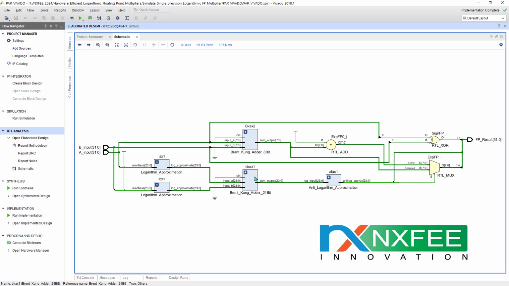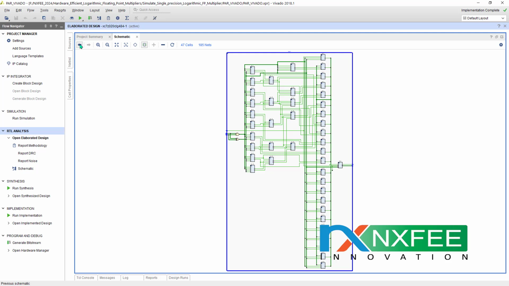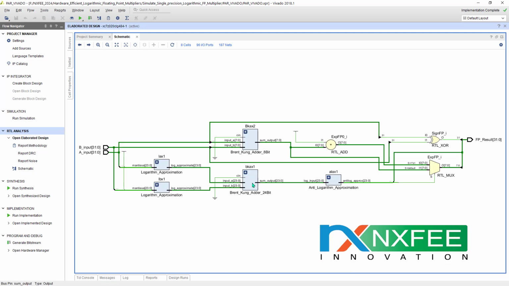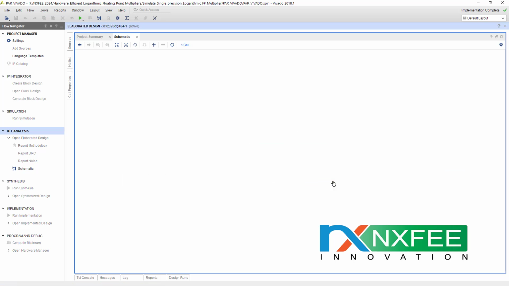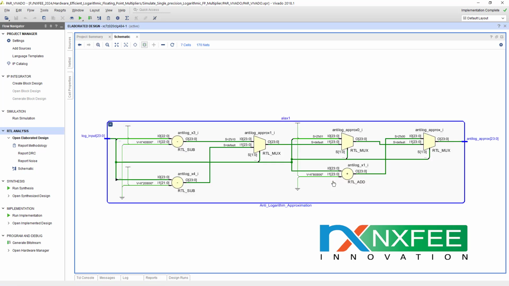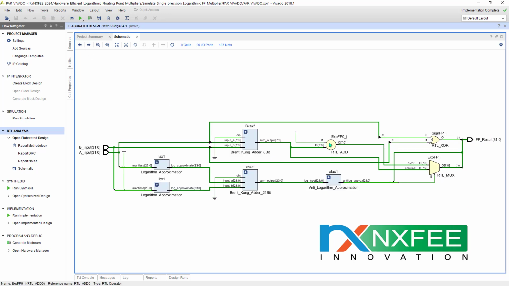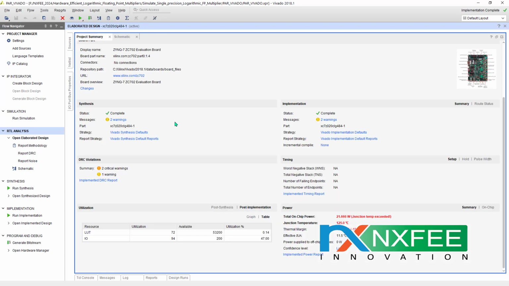This is the generic method of anti-logarithmic functionality, with the support of multiplexers and operators. This is the exponent normalization method, after which the output is taken. So this is the generic method.